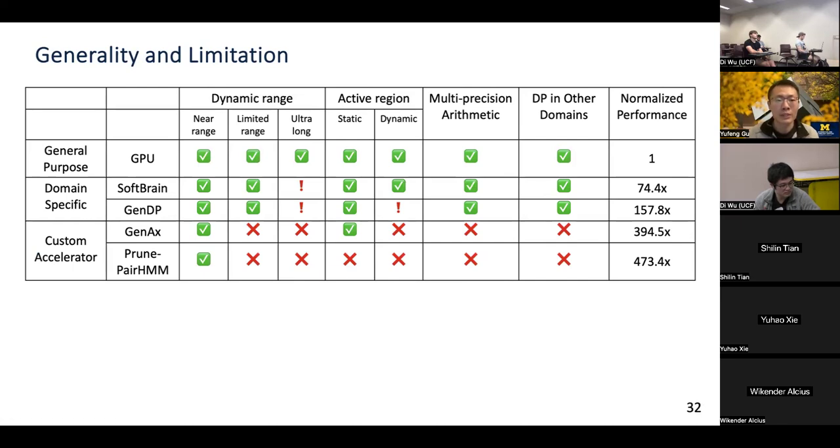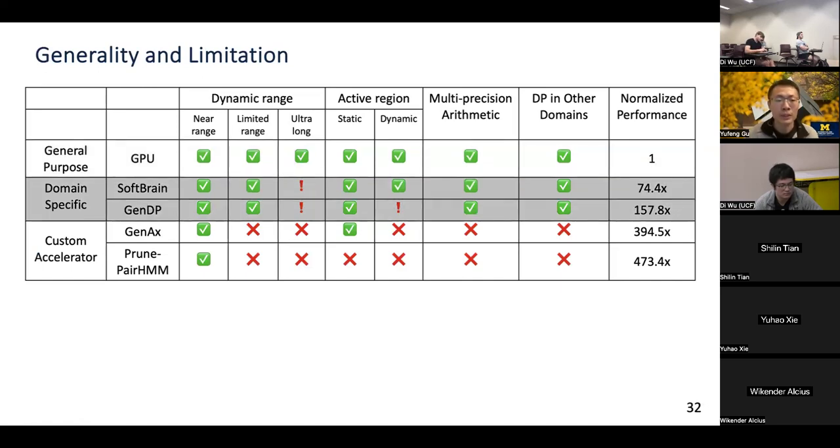Finally, I want to discuss the generality and limitation when we compare different types of hardware. If we look at general purpose hardware, it supports everything, like GPU. And the normalized performance, we name it 1.